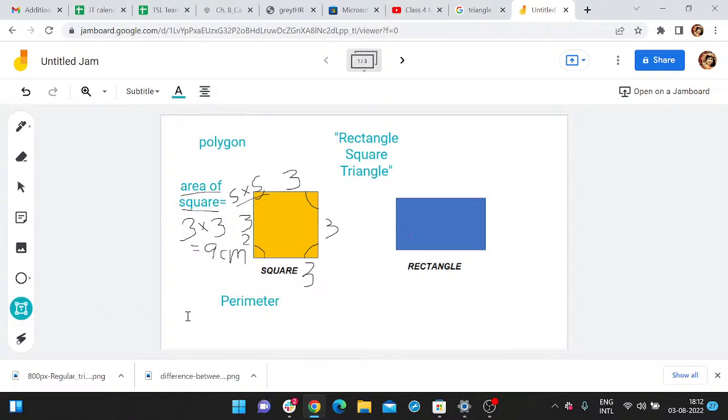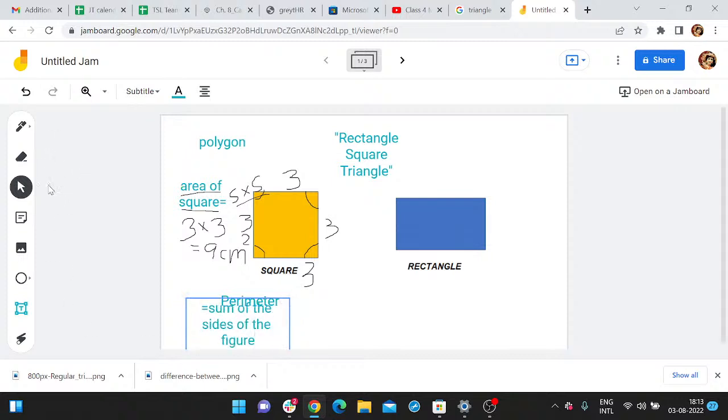I'm just going to write the perimeter over here. Perimeter is equals to sum of the sides of the figure.